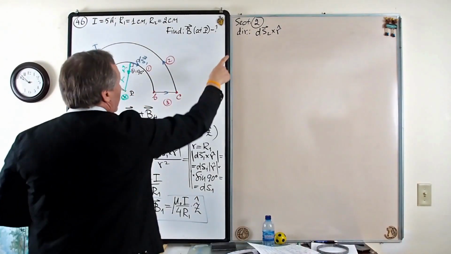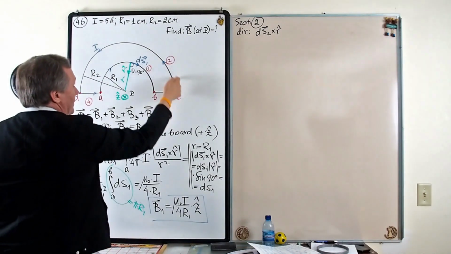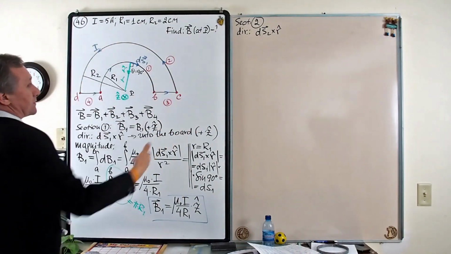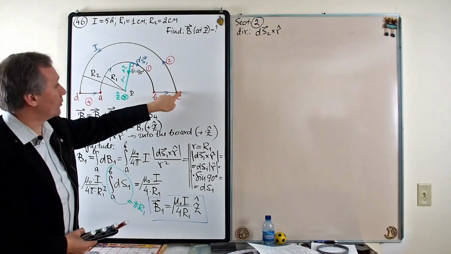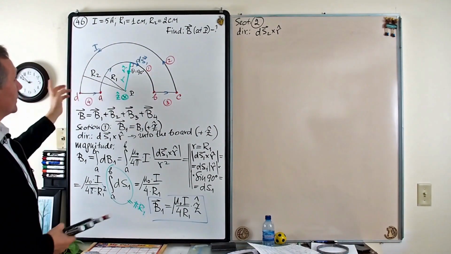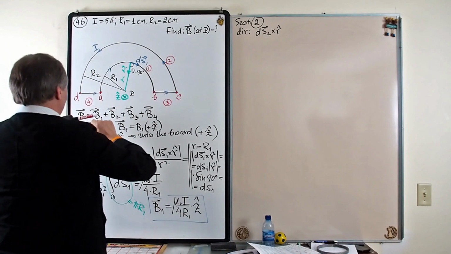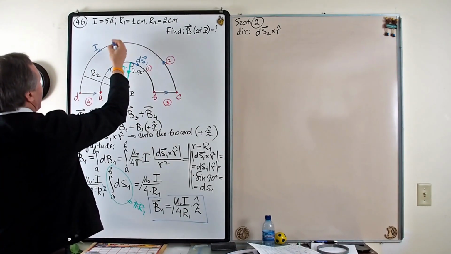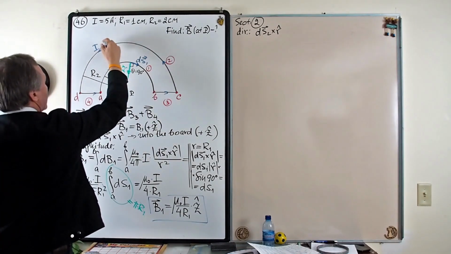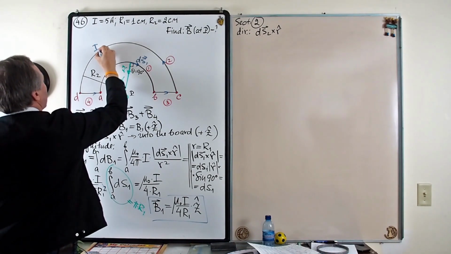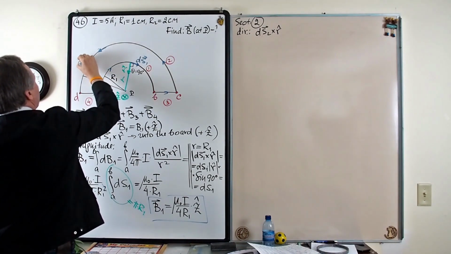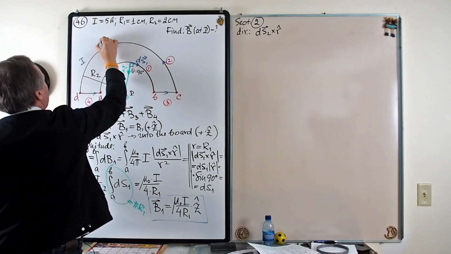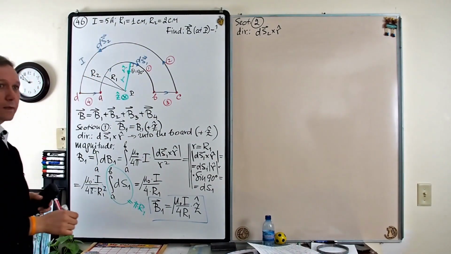And so now in this second section, it's this section, you see, this semicircle with larger radius. And we move from point C to point D. Okay, so let me draw ds2, for example, here, to have space for a picture. So let me remove this card, draw it here. So ds2, right?